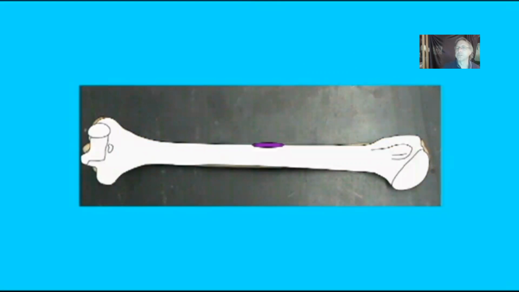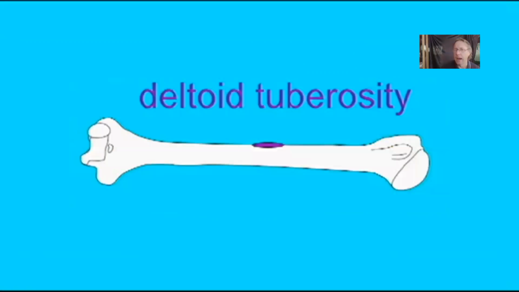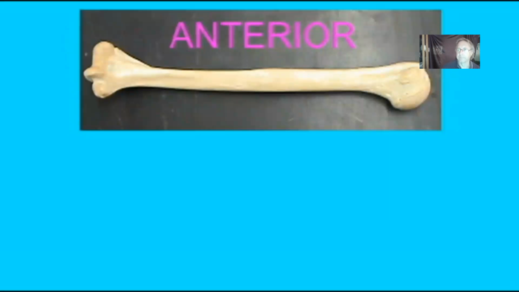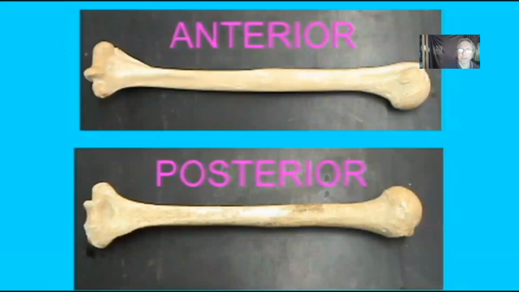But it turns out we do, not because, as a bony structure, it stands out, but because an important muscle inserts there. The deltoid muscle, which abducts the arm, inserts here, and that's known as the deltoid tuberosity. So partway down the shaft of the humerus, we have the deltoid tuberosity.